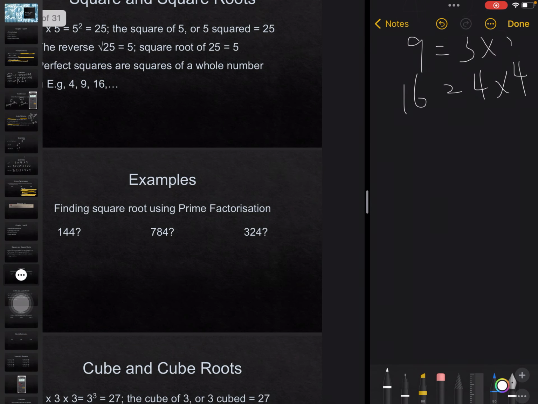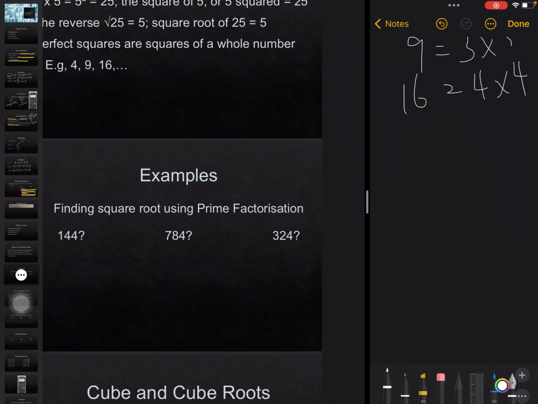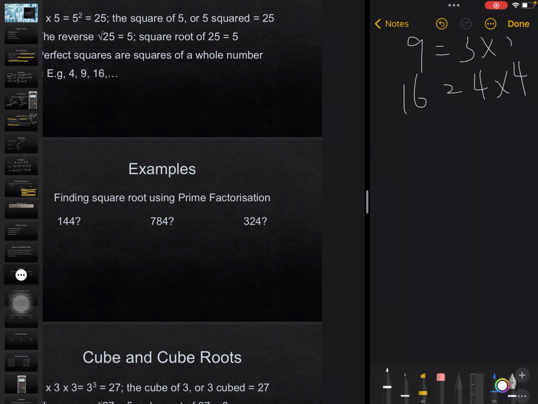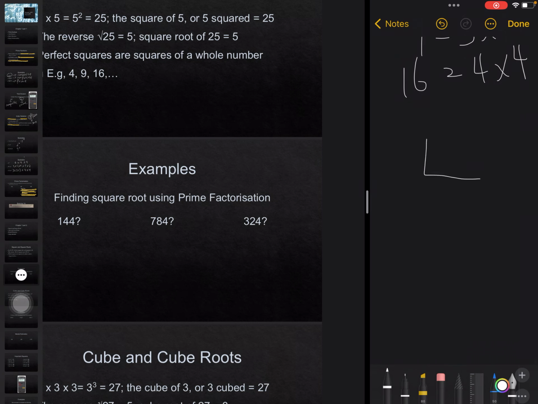Find the square root using prime factorization. Do you still remember what prime factorization is? Prime factorization is finding the prime factors. So, prime factorization of 144. How do we do it? First we write down 144. Start off with the smallest prime, which is 2.